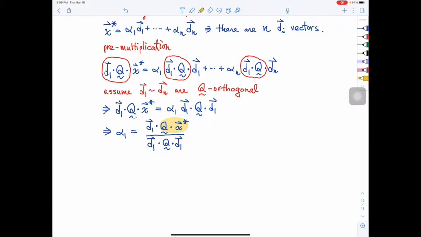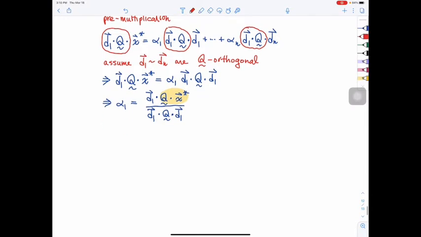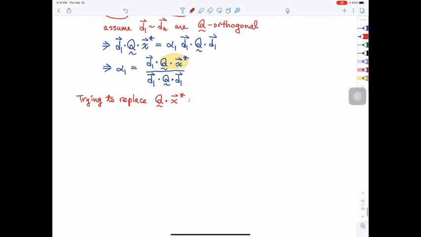So we are going to find a way to replace q dot x star. How do we do that? We need to recall the second order Taylor expansion.